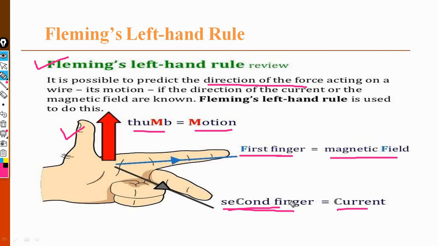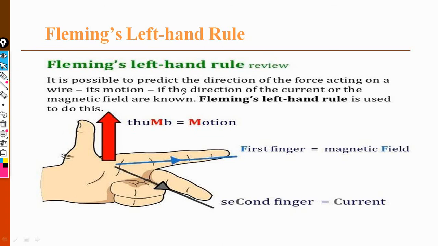Now this is the Fleming's left hand rule.